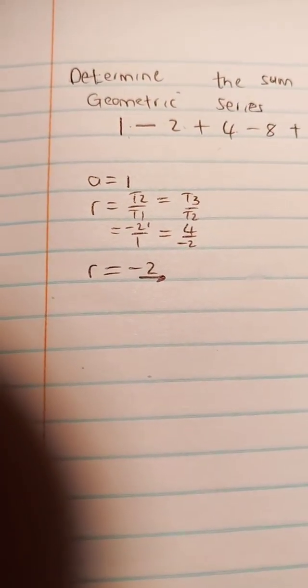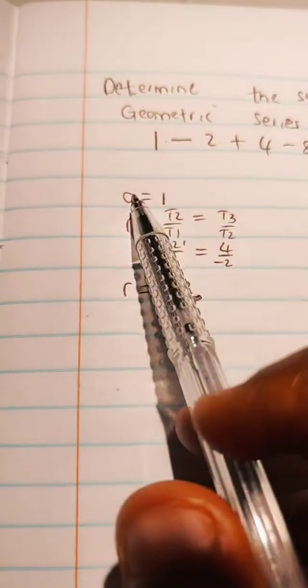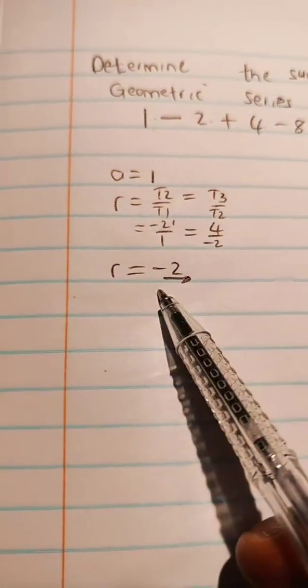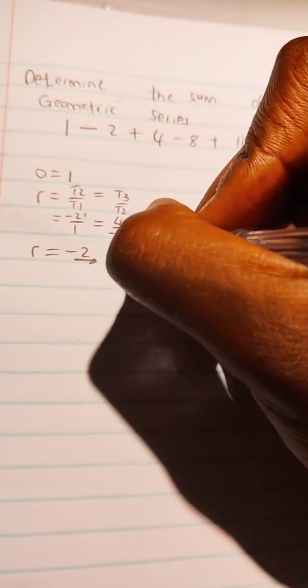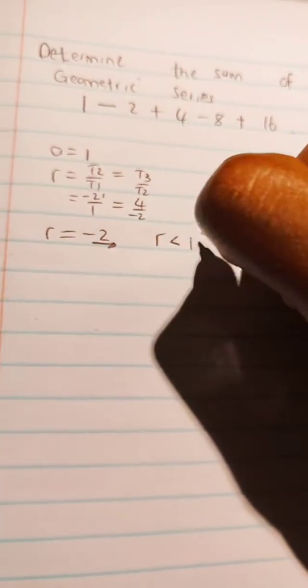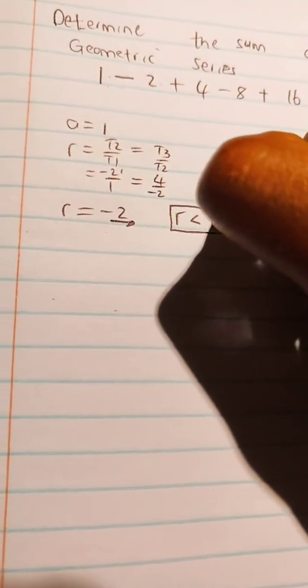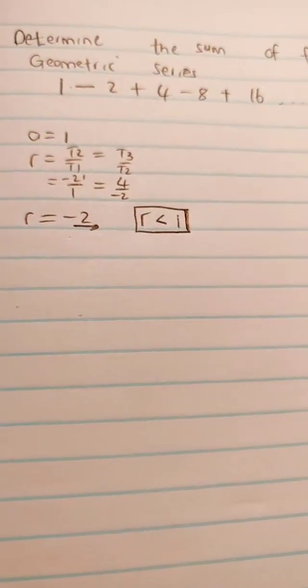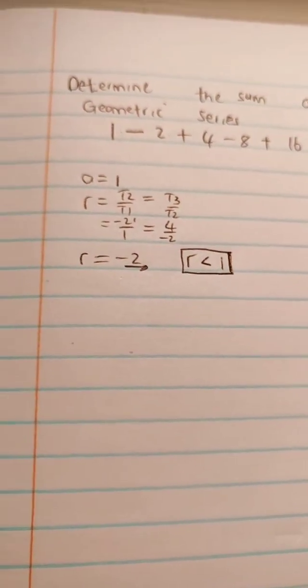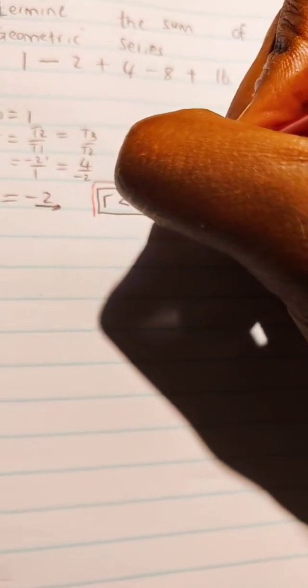Okay. Now, we need to establish something very quickly here. Our A value is 1. Our R value is -2. What can we say about R? R is actually less than 1. Why is that important for us to know? What does that assist us with, remember?